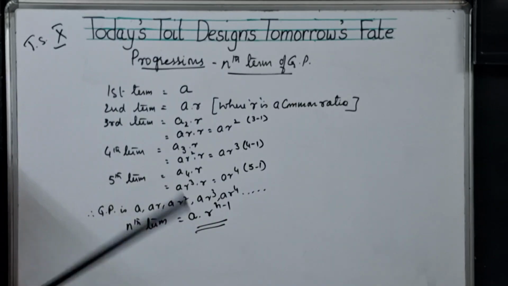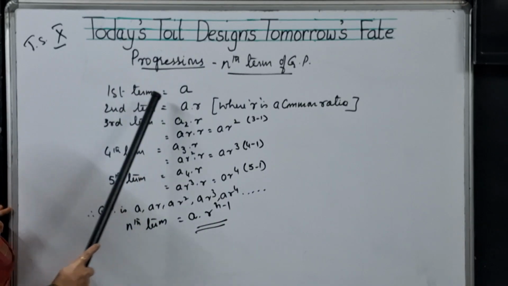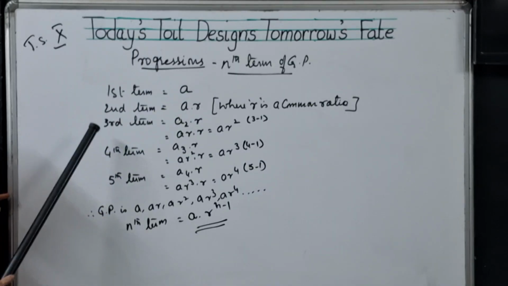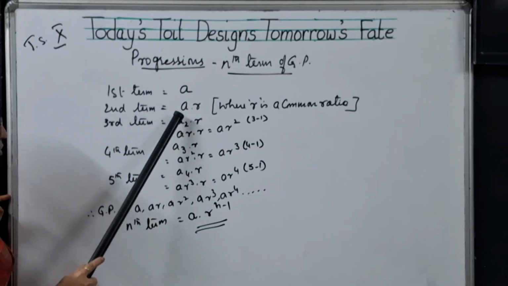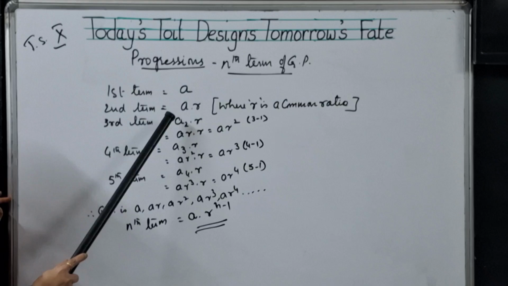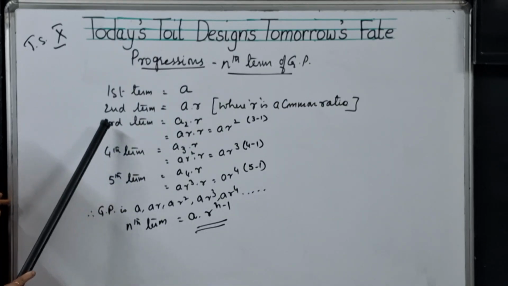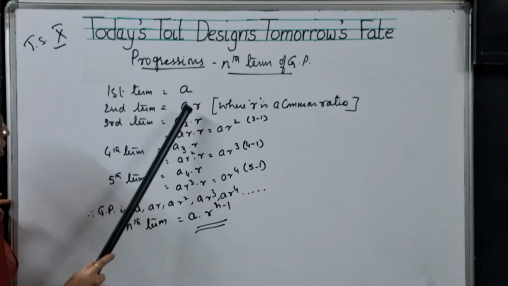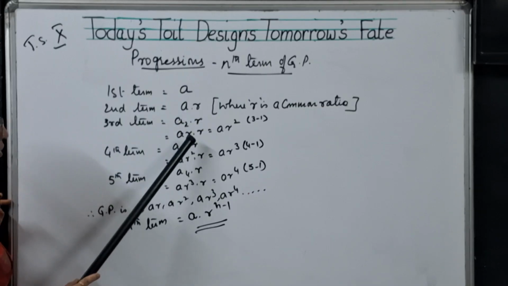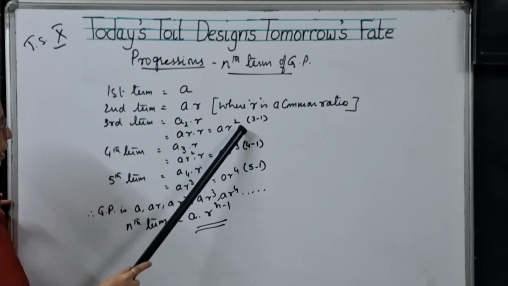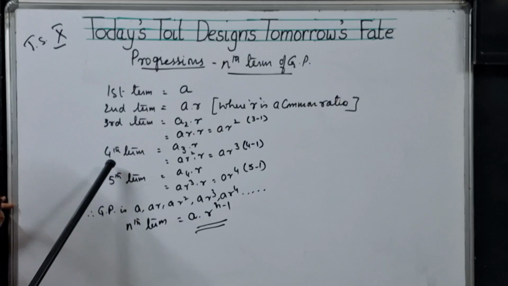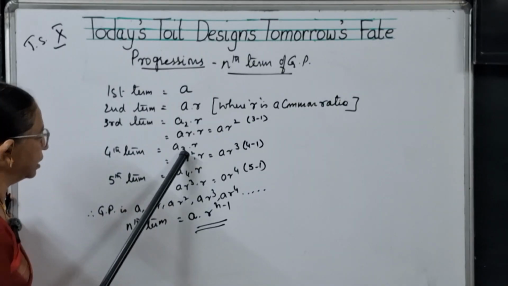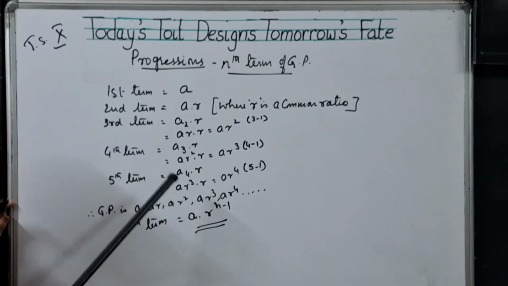So let me explain this introduction once again. The first term we will consider as A. The second term is the first term into R, that is AR. The third term is the second term into R. The second term is AR into R, that is AR square. The fourth term is the third term into the common ratio.